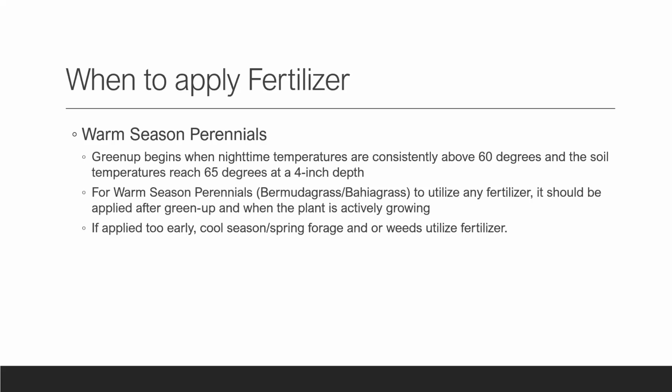May not exactly be volunteer ryegrass, but we've got some cool season annuals voluntarily coming up. If we go in there and fertilize right now at a green up state on these warm season perennials, a lot of that fertilizer benefit's going to move into those cool season annuals, which only have less than 2 months of utilization left to them. About May 15th, probably going to be our cutoff on them. And then they move into a point, all of them are annuals, and so they're moving into a point of they'll actually die.